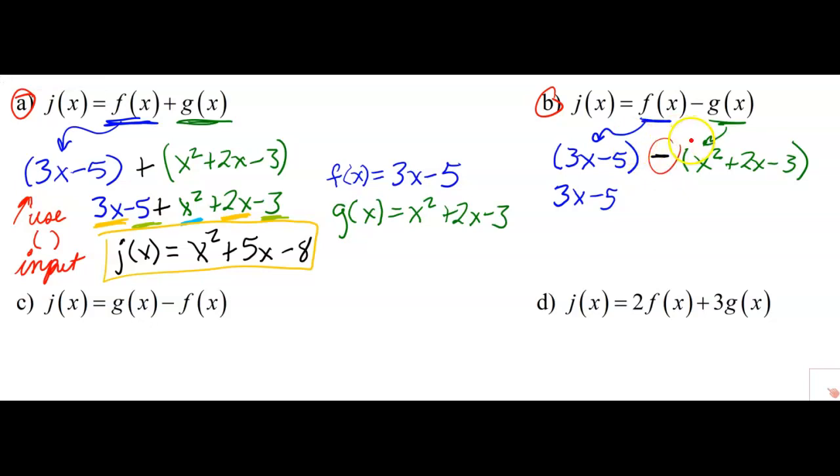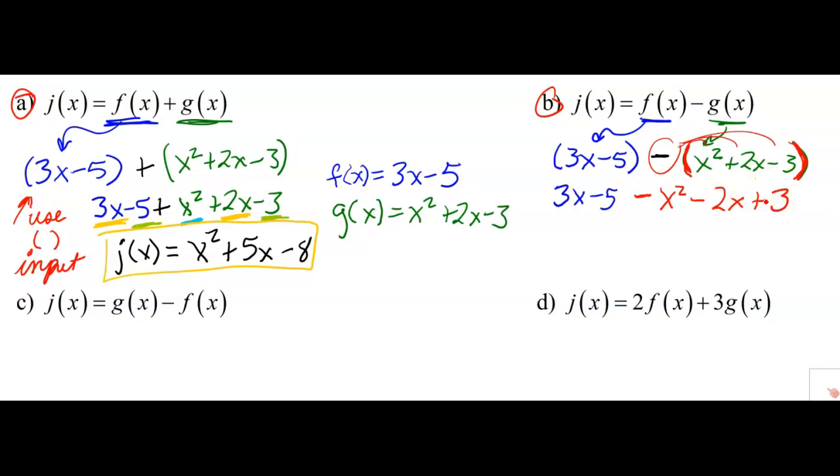And I am subtracting this whole entire equation because I'm subtracting g of x. So what's important is that this is subtraction of everything in the parentheses. So I need to distribute that negative. So minus x squared minus 2x plus 3.